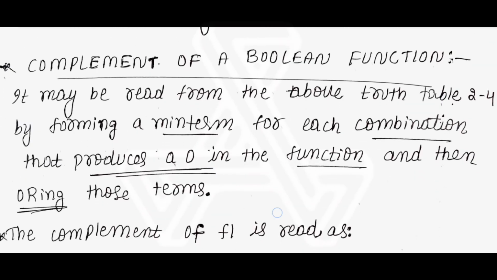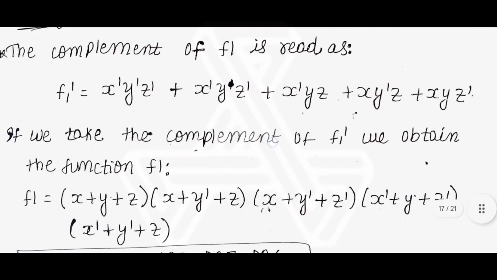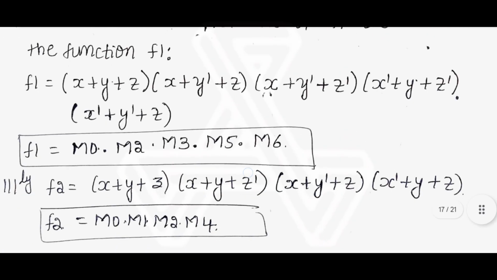Complement of the Boolean function: we take the complement of the whole thing. We adjust it into m0, m2, m3, m5, m6.